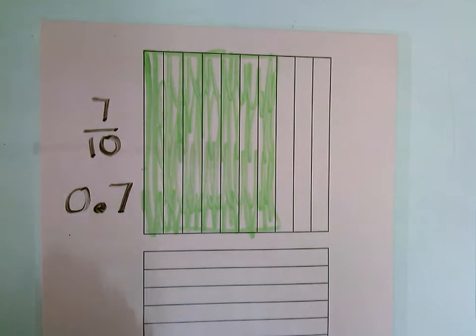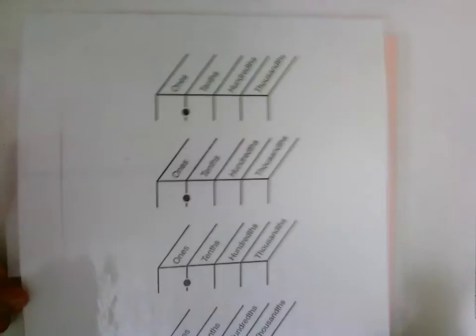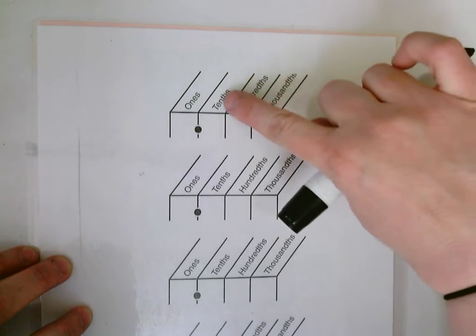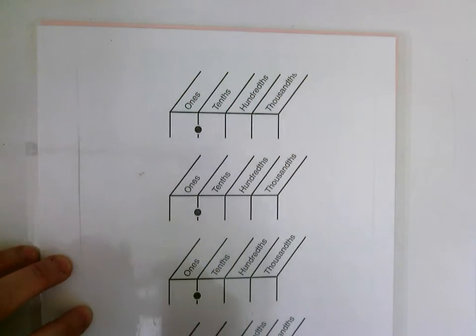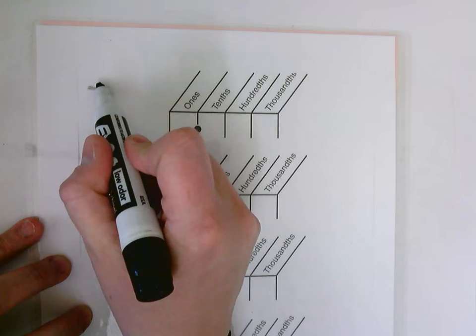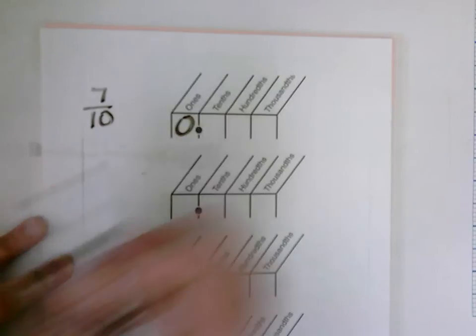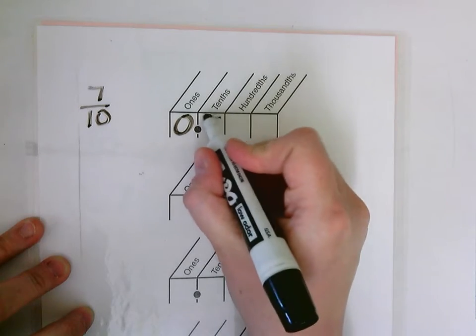Another way to show 7/10 is to use a place value chart, just like we looked at before. Ones, tenths, hundredths, thousandths. In the number 7/10, I don't have any ones. I don't have a whole number here. So I'm going to put a 0 in my ones place and a 7 in my tenths place.